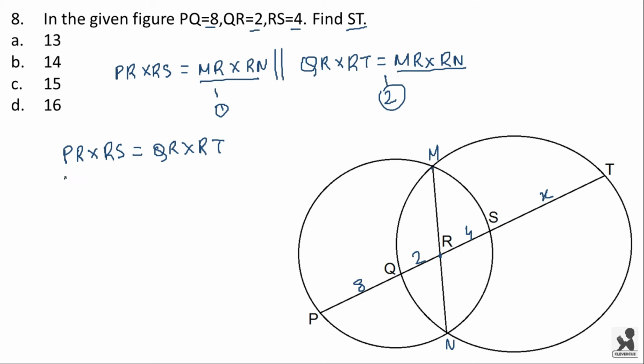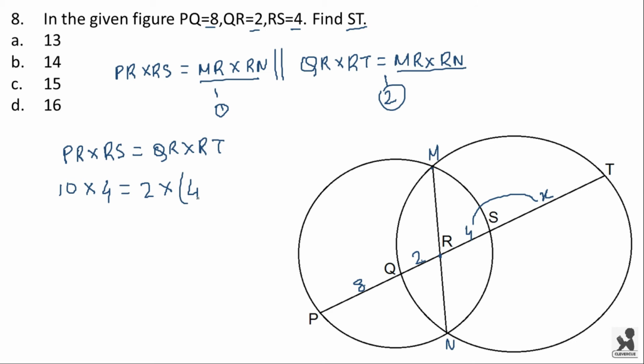Substituting the values, PR is equal to 8 plus 2, that is 10, into the length of RS, which is given as 4, equal to the length of QR, which is 2, into RT, which is 4 plus x.